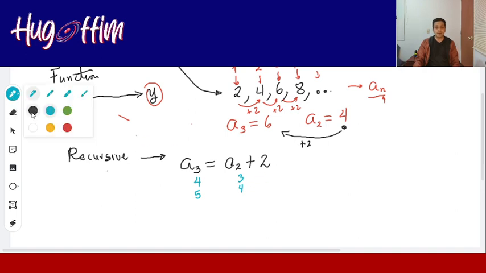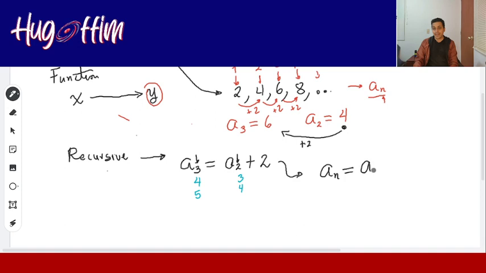So here we have a recursive formula. Look at that. The term I have got corresponds to the term behind. How to write this? The way to write it is a sub n equals a sub n minus 1 plus 2 in this case. So this is how you can get a recursive formula.